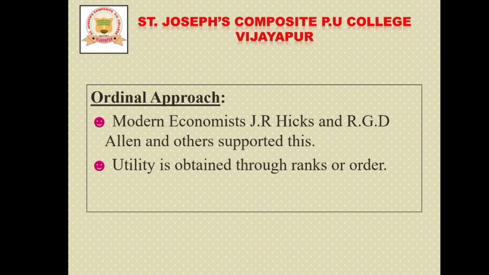Next, the second approach is the ordinal approach. Modern economists like J.R. Hicks and R.G.D. Allen and others supported this approach. Here utility is measured through ranks or order. See the difference, dear students: under the cardinal approach we express utility in terms of cardinal numbers, but in the ordinal approach we express utility in terms of ranks or order.